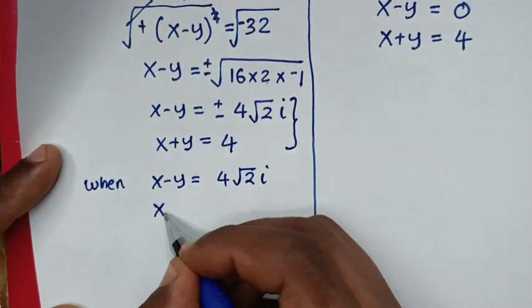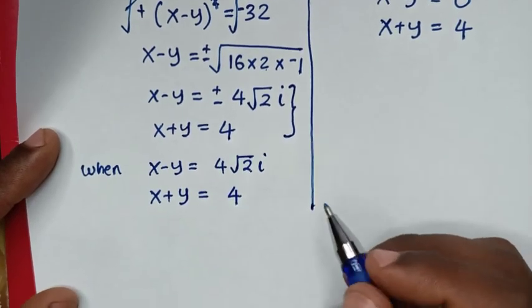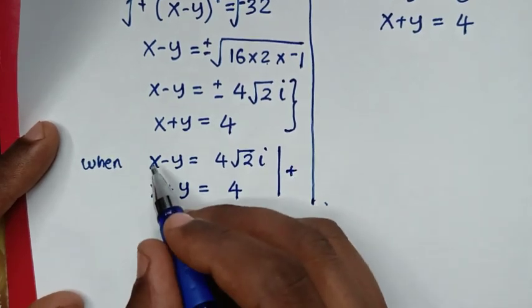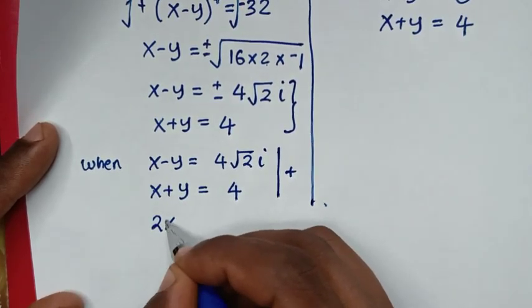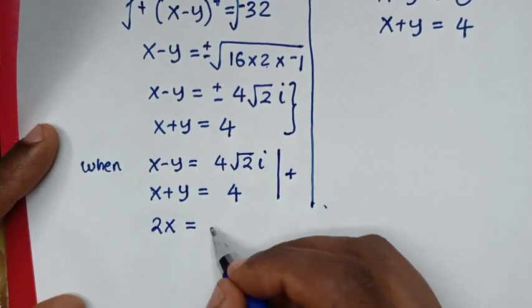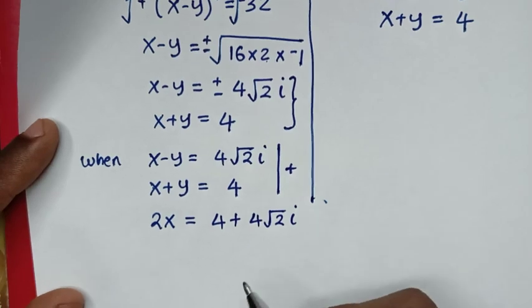Then x plus y is equal to 4. Then we will add these two equations. So this plus this, it will be 2x, negative y plus y is 0, is equal to 4 plus 4 square root of 2i.